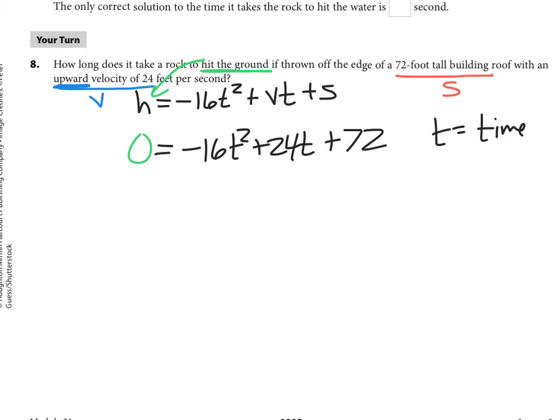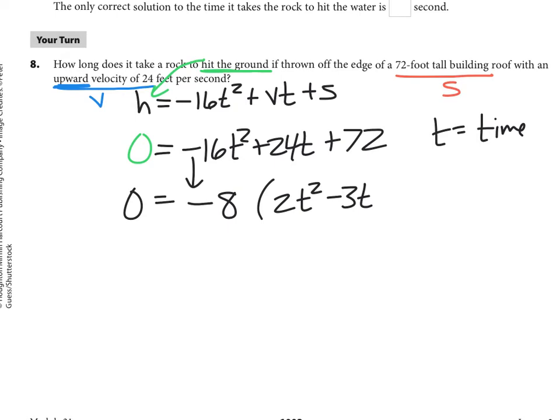So I'm going to do it by factoring, just to keep reviewing factoring a little bit here. So 0 equals, and we'll deal with all this in just a second. First thing I do is look for a GCF. I'm going to take out a negative since it leads with a negative, and I think 8 goes into all of those. So that's going to be 2t squared minus 3t, because again, a negative times a negative would give me a positive.